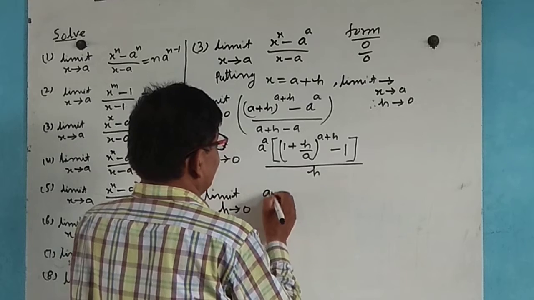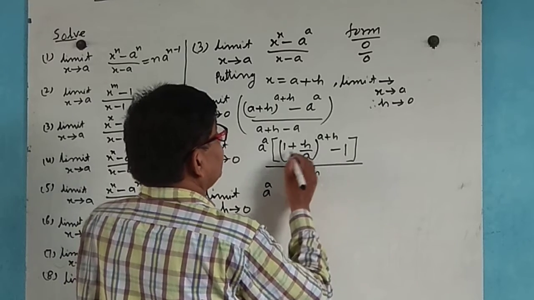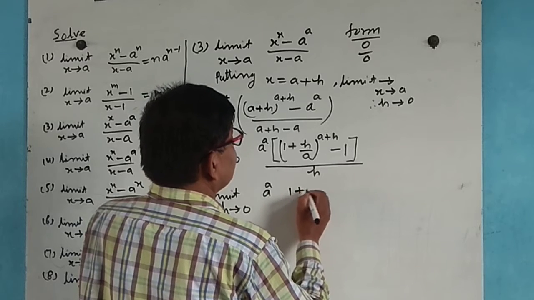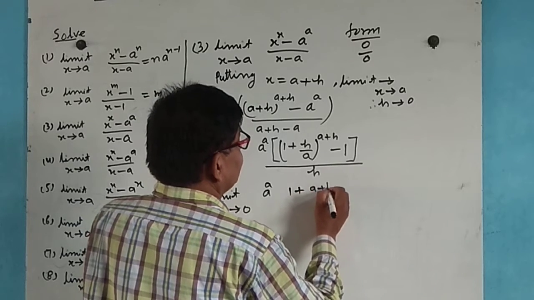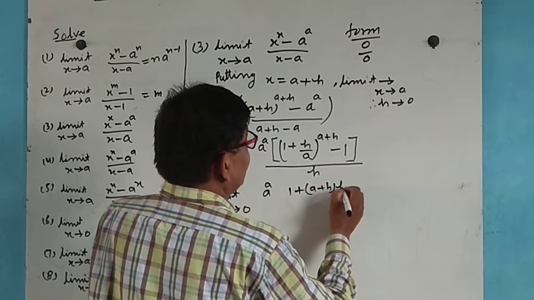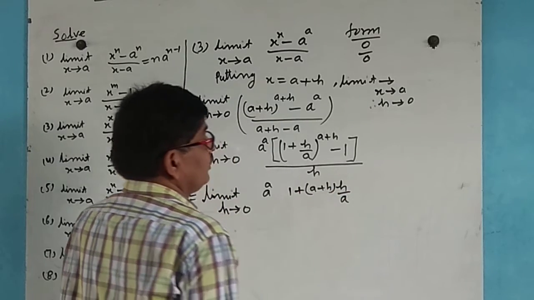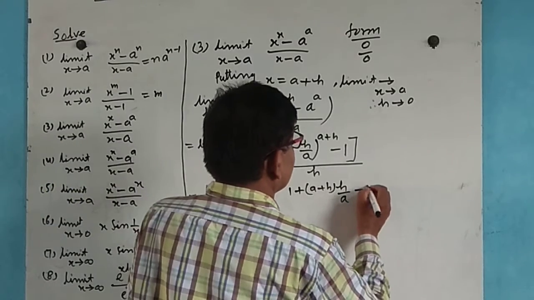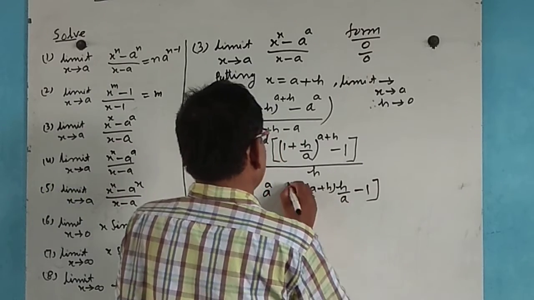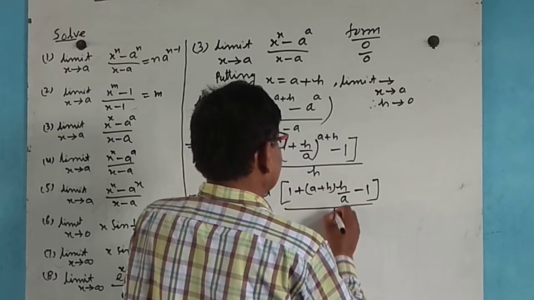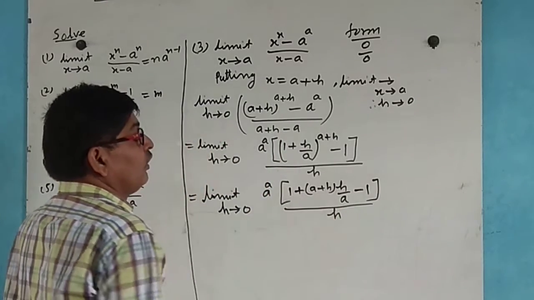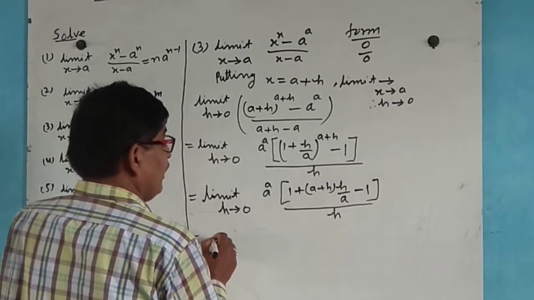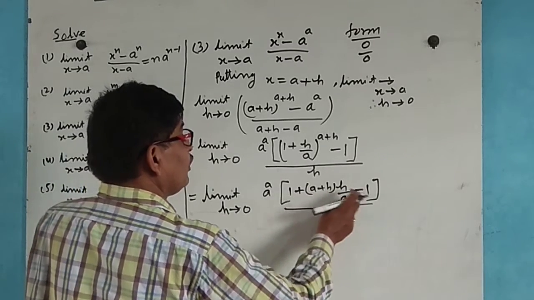This is a to power a, and this can be written as 1 plus a plus h into h by a minus 1 divided by h. This 1 and 1 remove. This 1 and 1 remove.